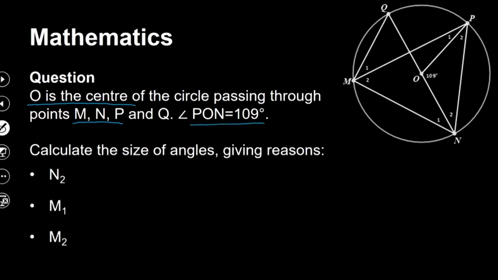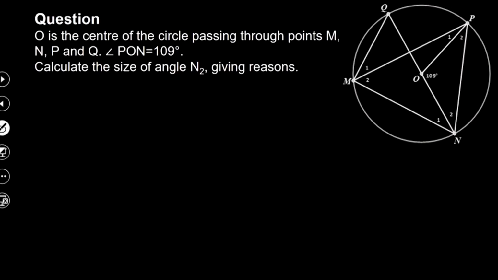And then passing through the points M, N, P, and Q, angle PON at the center is equal to 109 degrees, right? Now we need to calculate the size of the following angles. N2, you need to give reasons, by the way. M1, you need to give reasons. And M2, you need to give reasons. So let's do that together. To calculate the size of N2, right? So I will say in triangle PON, PO is equal to ON.